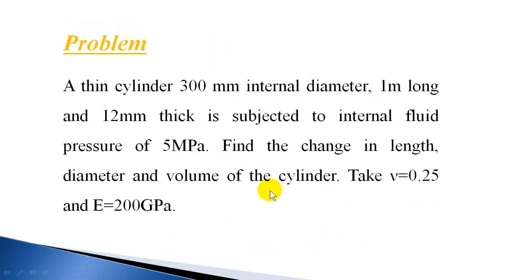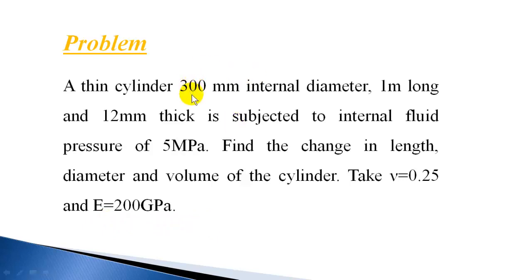And let us work out a numerical example. A thin cylinder, 300 mm internal diameter, 1 meter long and 12 mm thick, is subjected to internal fluid pressure of 5 megapascal. Find the change in length, diameter and volume of the cylinder. Take nu equal to 0.25 and Young's modulus E equal to 200 gigapascal.